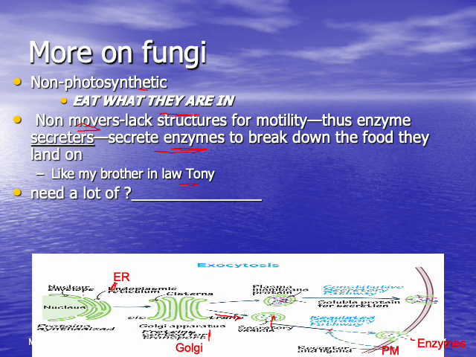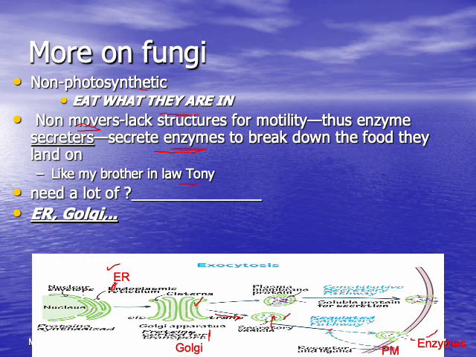Now, if you're a mold or a yeast, a type of fungus, what must you need a lot of to produce these enzymes? Obviously, you need a lot of ER and Golgi, because your survival depends on your ability to send enzymes from the ER to the Golgi, through these secretory vesicles and out of the cell. Yeasts and molds have a very advanced secretion mechanism.